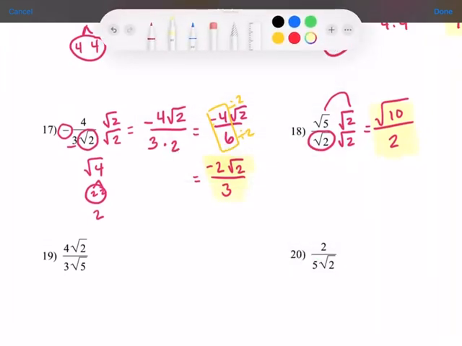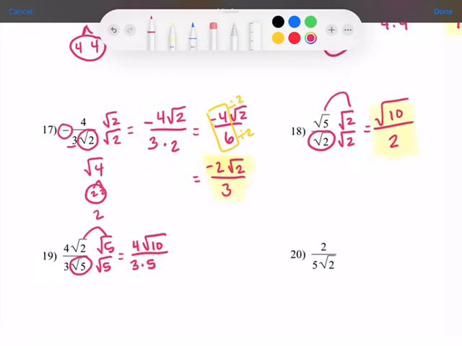Alright, these are the last two. I'm going to look at number 19. On number 19, I have 4 square root of 2 divided by 3 square root of 5. Once again, there's no simplifying I can do up front, so I just need to get rid of this radical in the denominator. I'm going to multiply the top and the bottom by the square root of 5. When I multiply the top, I'm going to multiply the radicands together.